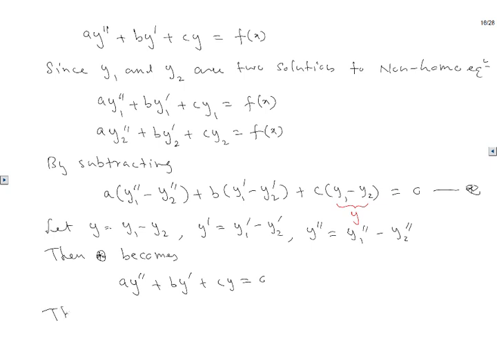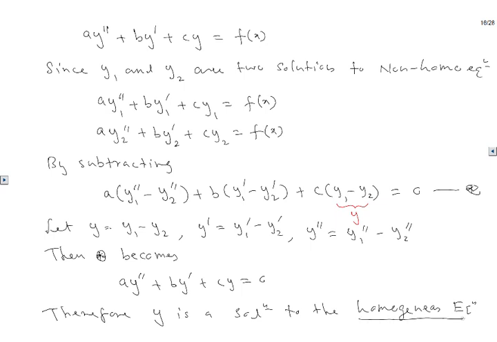So therefore y, which is the difference between the two, is a solution to the homogeneous equation. That's a very interesting result.